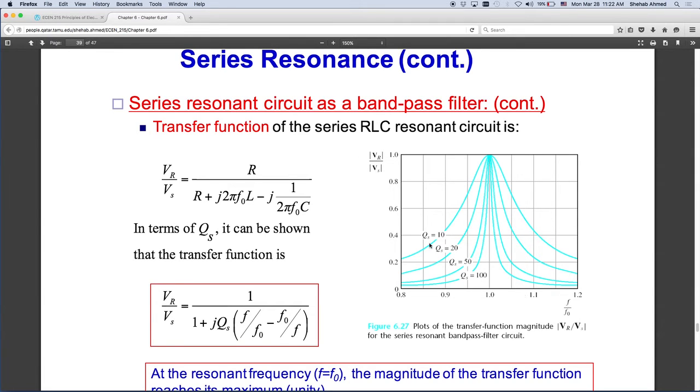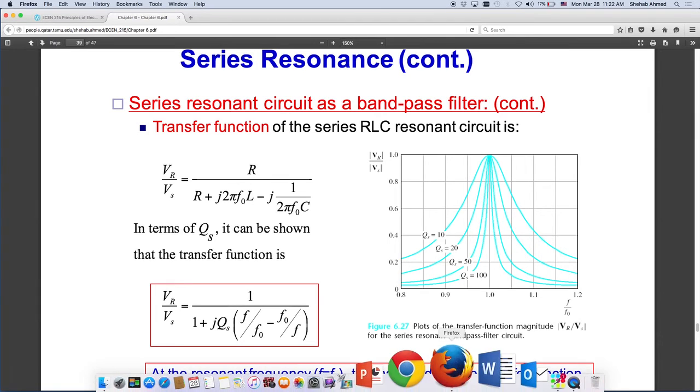The magnitude transfer function is plotted against the ratio of frequency to f naught. Why is that? If f is equal to f naught, then this ratio is equal to 1, right? So at 1, we know that this term cancels out.